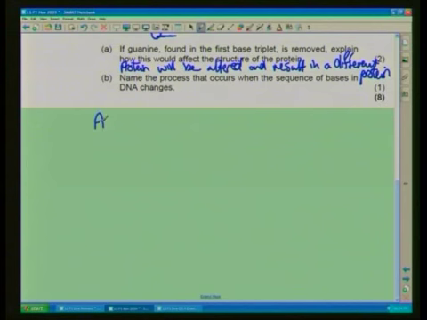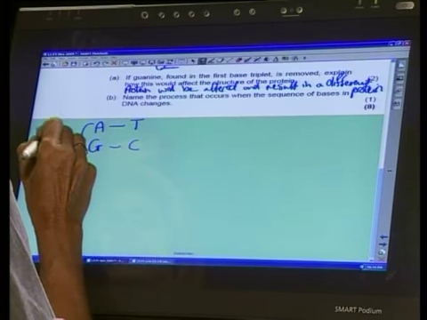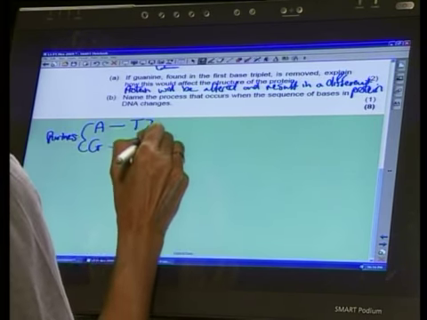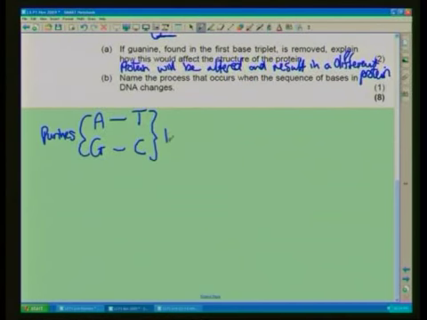Okay, adenine is always going to bond with thymine, and guanine will always bond with cytosine. Adenine and guanine are your purines, and thymine and cytosine are your pyrimidines. So these have always got a Y in them.